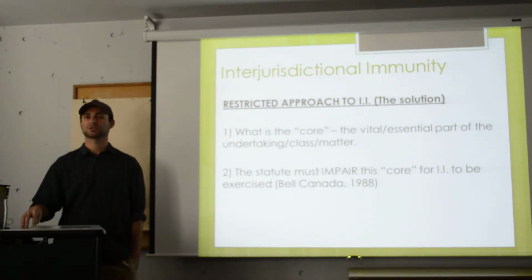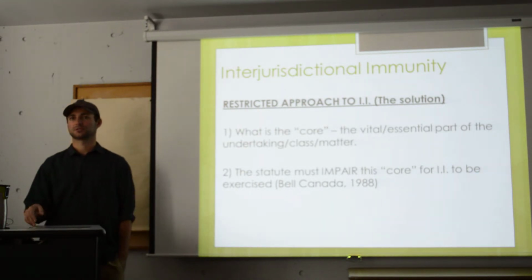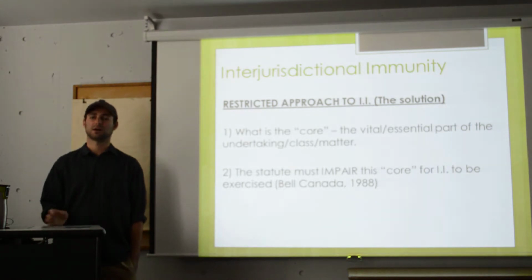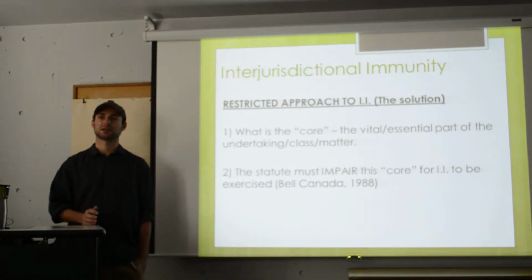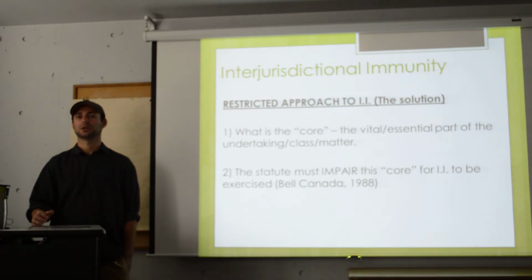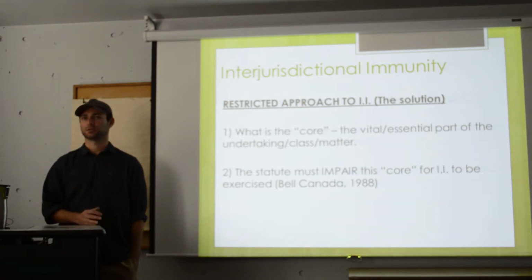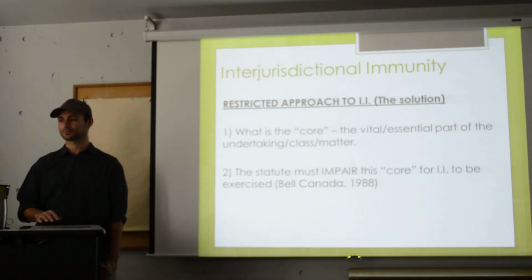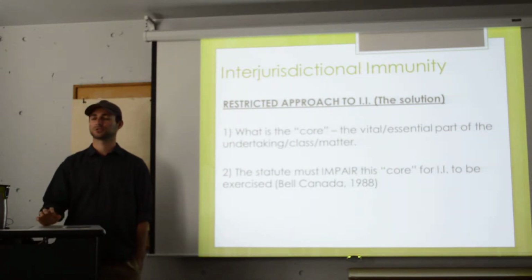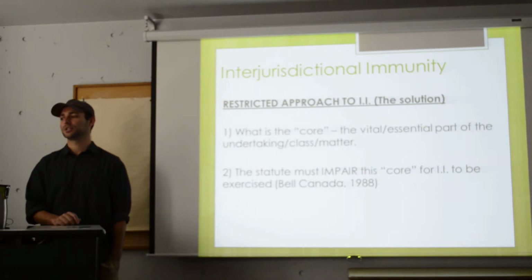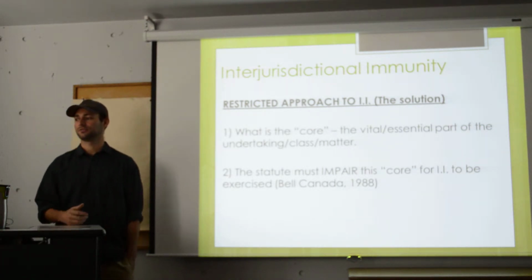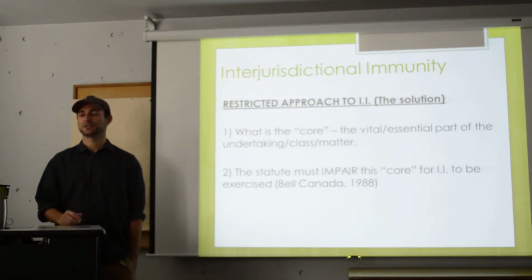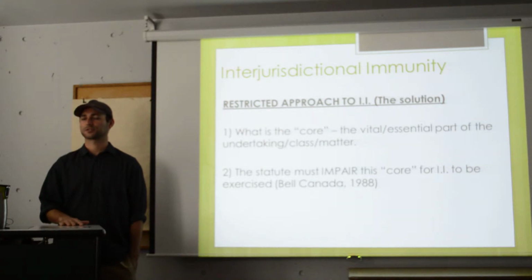So the restricted approach to interjurisdictional immunity is the solution to it being applied all the time, because if it is applied all the time, we have asymmetrical results favoring the federal government, where power becomes gradually more and more centralized. So to determine if interjurisdictional immunity should apply, we decide what the core, or the vital, essential part of the undertaking, class, or matter is.